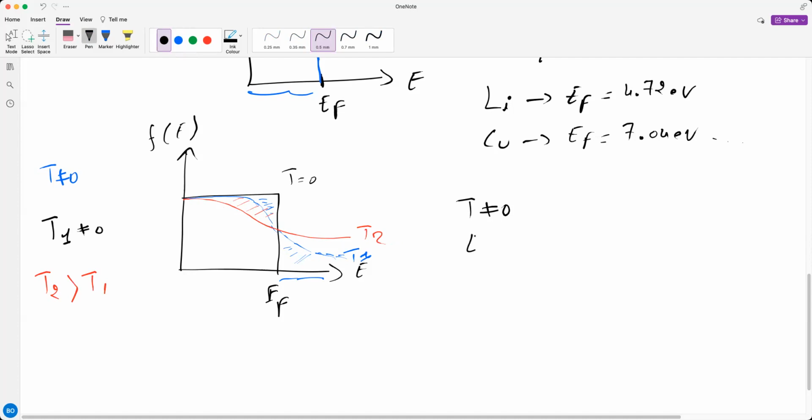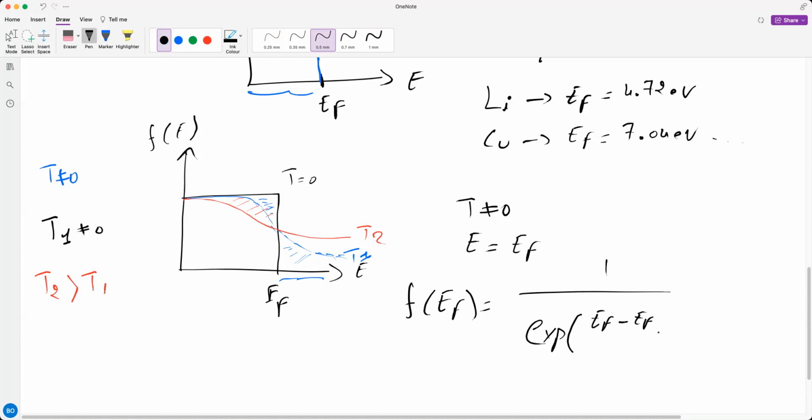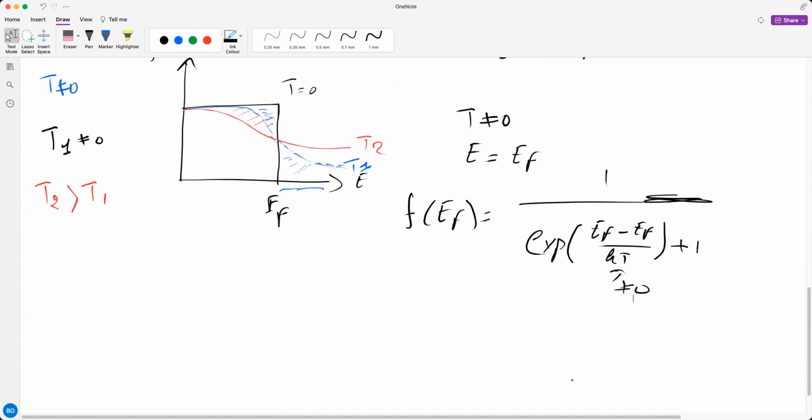What happens at an energy equal to EF? What happens at the Fermi level? Well, you can easily see that the probability of occupation of the Fermi level is equal to 1 over exponential of (EF minus EF) divided by KT, plus 1. Since this exponent is 0, the exponential gives you 1. And this means that the probability of occupation of the Fermi level is 1/2.